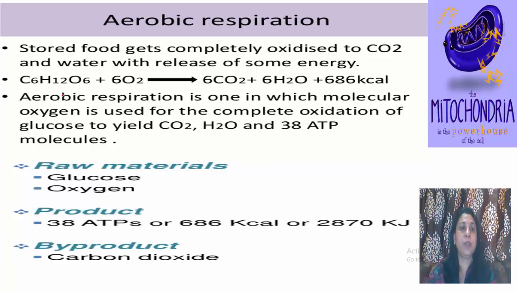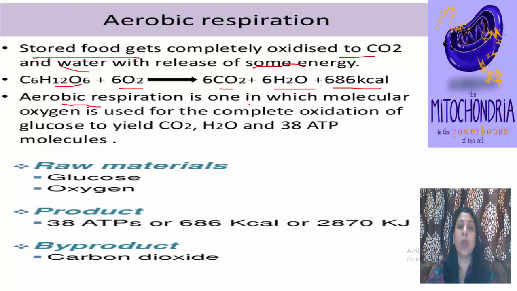Now, aerobic respiration. In this, stored food gets completely oxidized to carbon dioxide and water with the release of some energy. Some energy means 38 ATPs of energy is produced. This is the equation: C6H12O6, that is glucose, plus oxygen will form carbon dioxide, water and 686 kilocalories of energy.